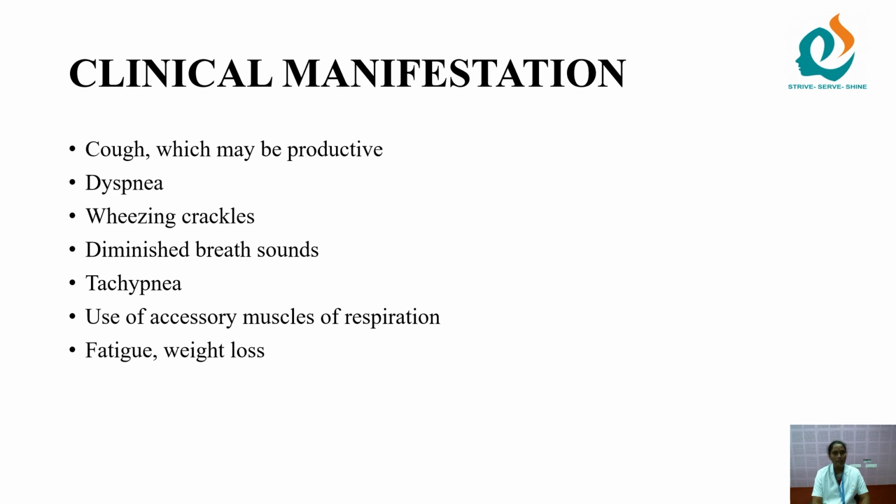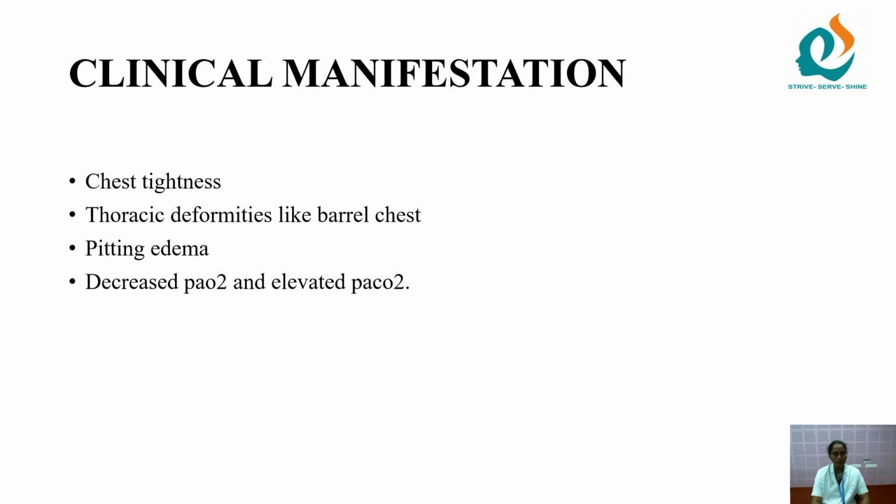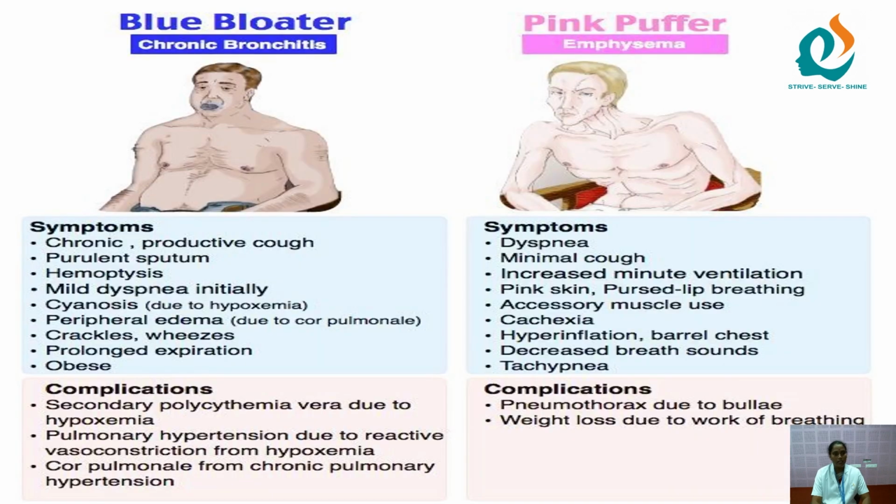Then fatigue, weight loss. Then chest tightness, then thoracic deformities like barrel chest and pitting edema, then decreased partial pressure of oxygen and elevated partial pressure of carbon dioxide. Then blue bloater and pink puffer. These are the main symptoms of this COPD condition.